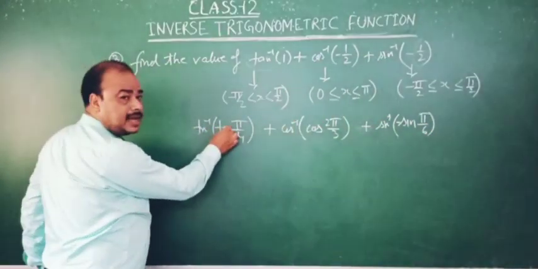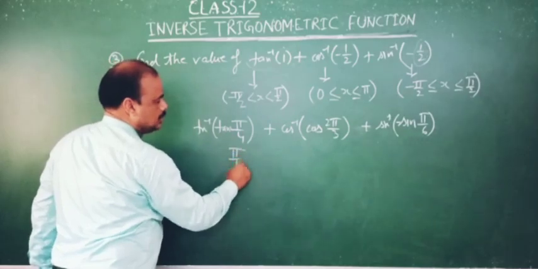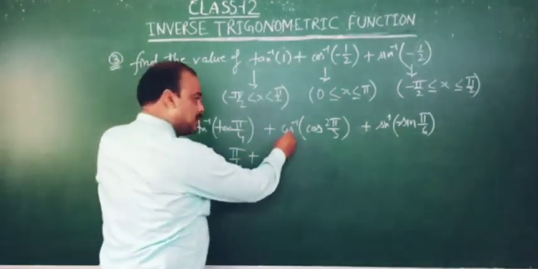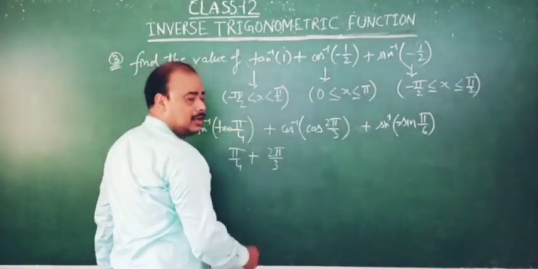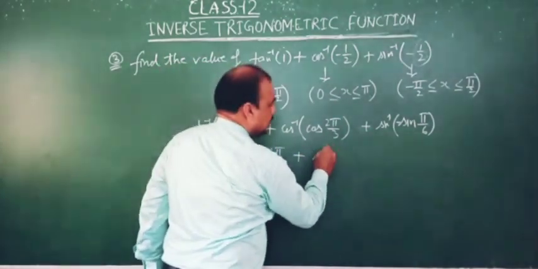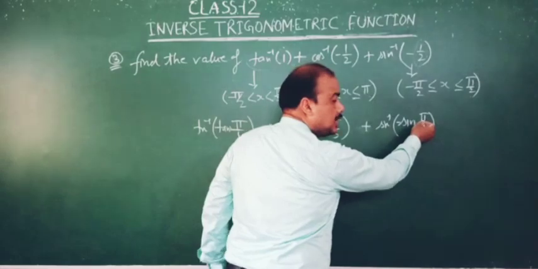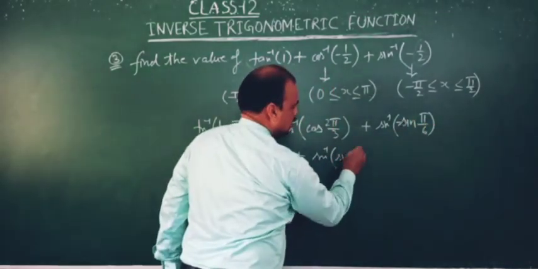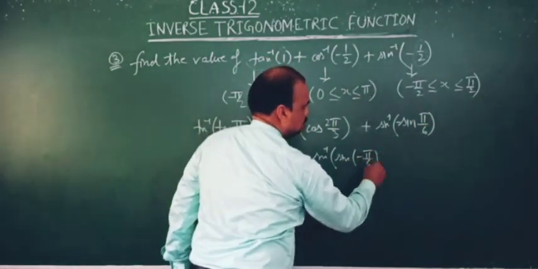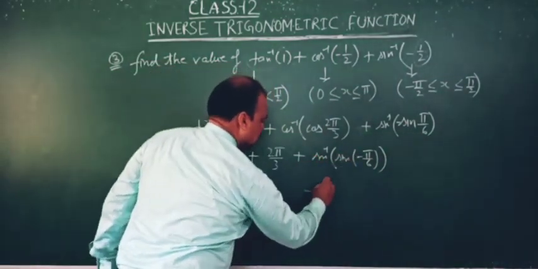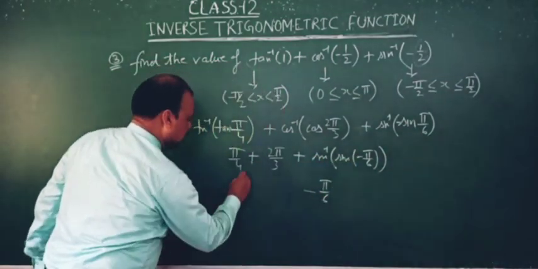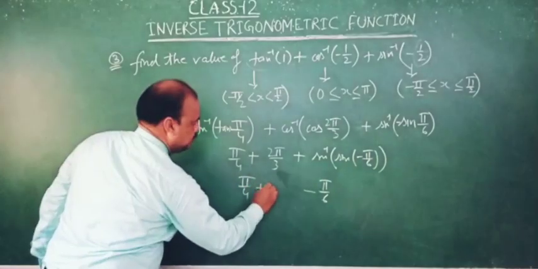Tan inverse tan x equal to x, cos inverse cos x equal to x, plus sin inverse of minus sin theta equal to sin inverse of sin minus theta. Now sin inverse sin x equal to x, it means negative pi by 6.